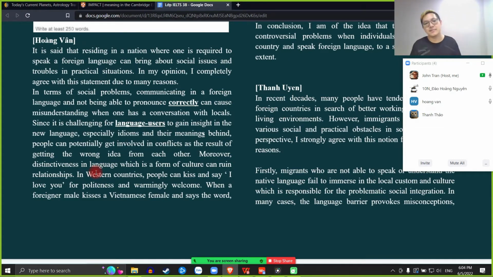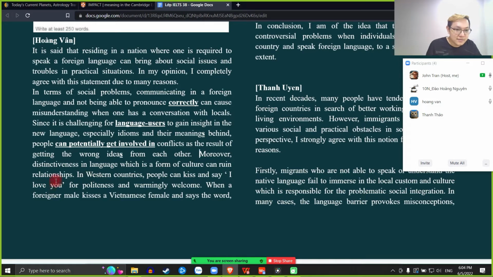People can potentially get involved in conflicts as the result of getting the wrong ideas from each other.